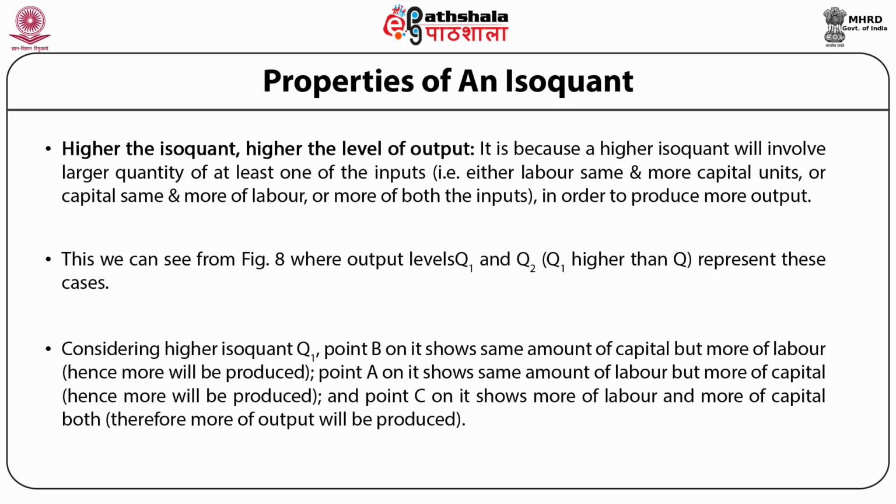And point C on it shows more of labor and more of capital both. Therefore, more output will be produced. Hence, higher isoquants involve a higher quantity of inputs resulting in a higher level of output.